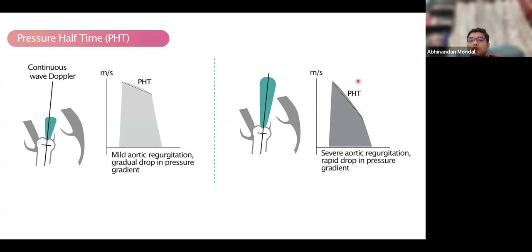So the more severe the aortic regurgitation, the shorter the PHT, because the equalization of the pressure will be much faster. In mild aortic regurgitation, the PHT will be longer. So always remember: more severe, lesser PHT.